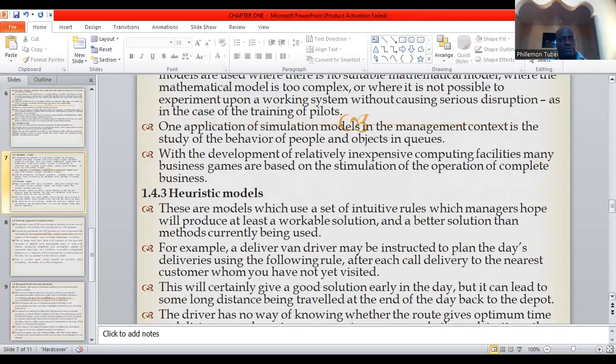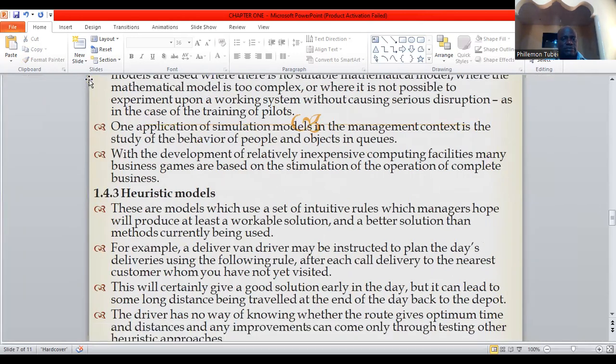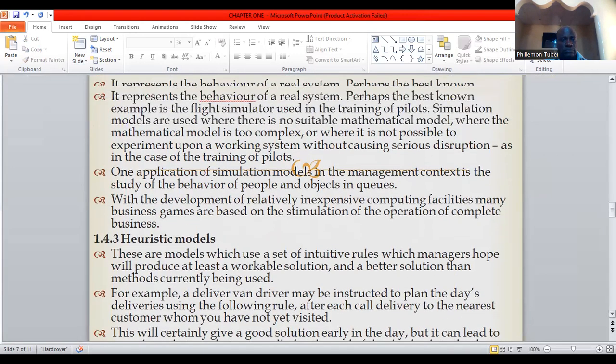So we move to simulation models. A simulation model does represent the behavior of a real system. Perhaps the best known example is the flight simulator used in the training of pilots.